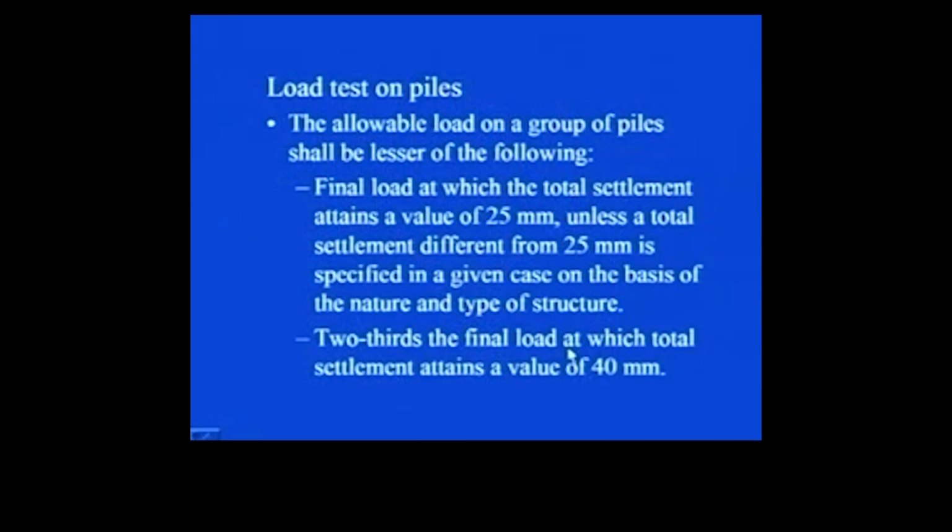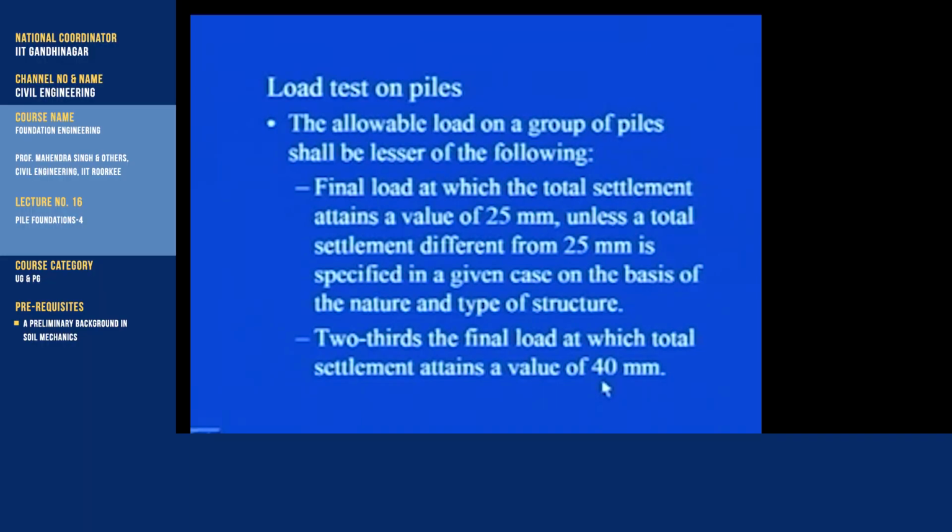Now, let us see what exactly the other criterion is, that is 2/3 of the final load at which total settlement attains a value of 40 mm. You go on applying the load on the pile and you are measuring the corresponding settlement.